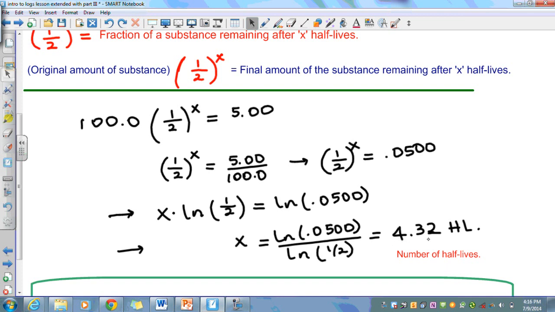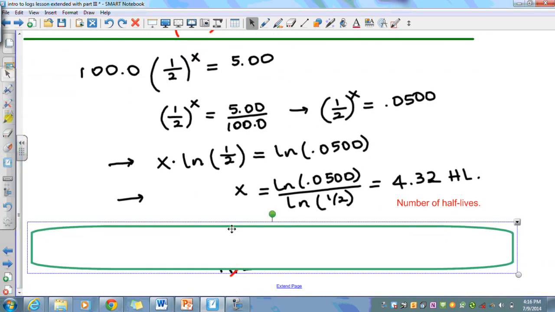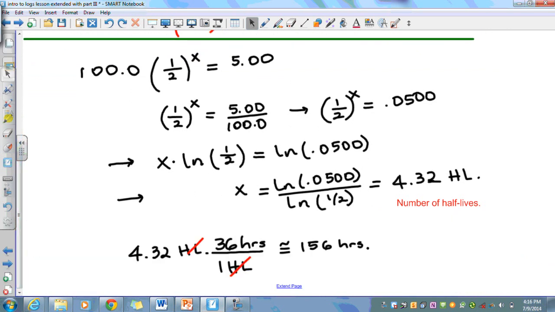But remember what 4.32 is. It's not number of days or years, it's number of half-lives. So we're saying it's going to be 4.32 half-lives. Now previously we had estimated this as 4 point something, right? Here we're getting a more accurate answer of 4.32. And since one half-life equals 36 hours, all you have to do is multiply this by 36 to get the answer.